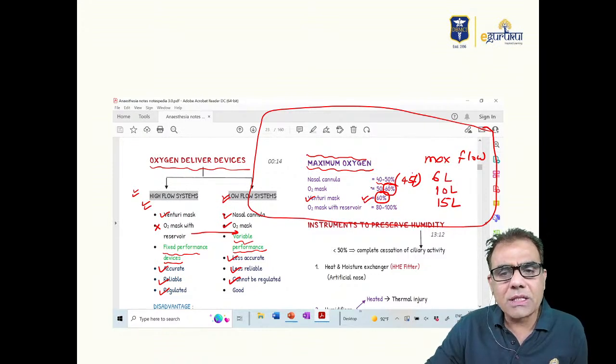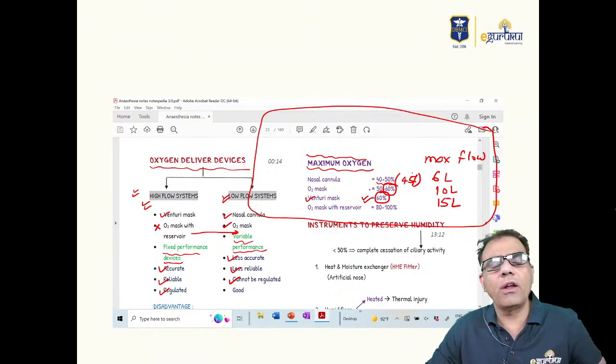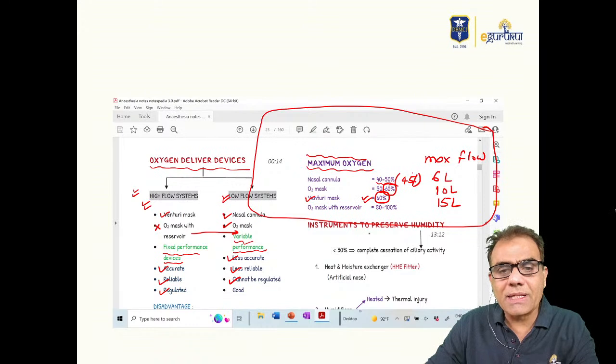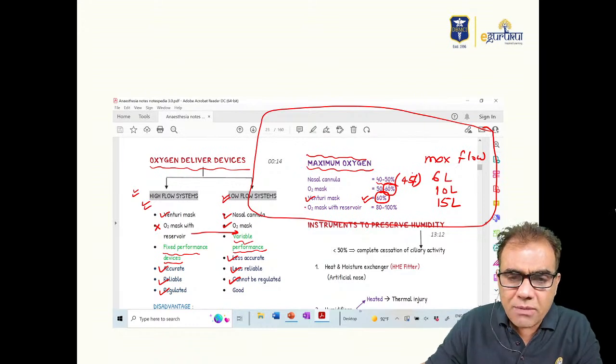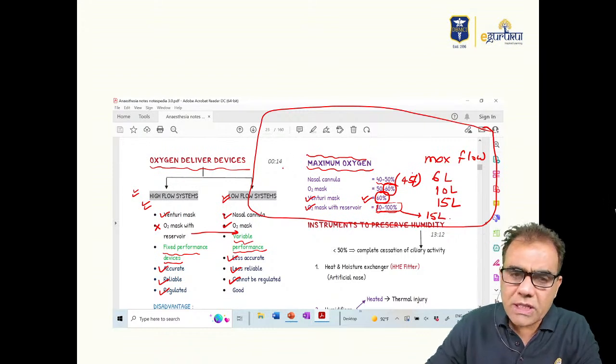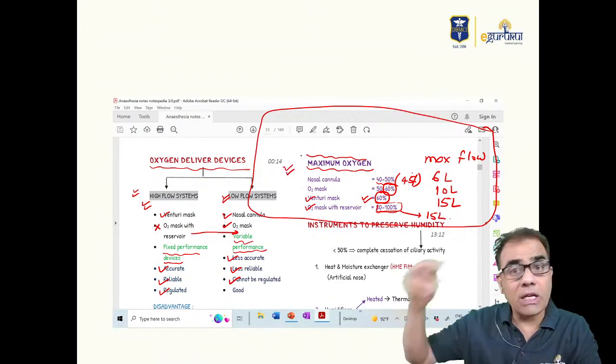Here the 60 may become 50 or 40 depending on the patient's respiratory parameters, while with the Venturi mask 60 means 60. Oxygen mask with reservoir delivers very high, almost 100%, 80 to 100%, and that again is seen at 15 liter.